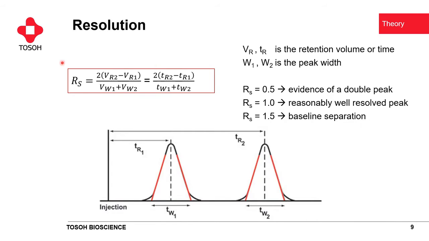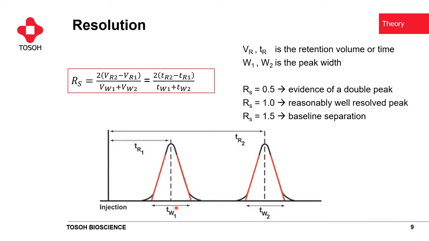This will be the last equation that we look at, and it describes how to calculate the resolution. The resolution tells us basically how well we can separate two adjacent peaks. And of course, what we need to know, and what we will also find in the formula for that, is how far they are separated.